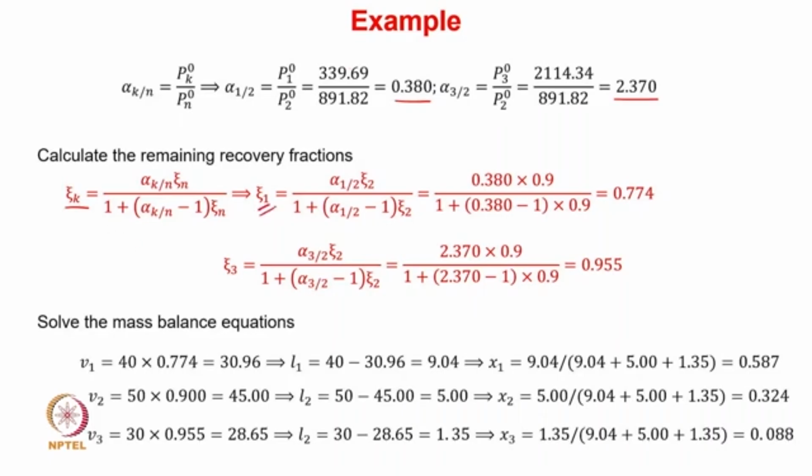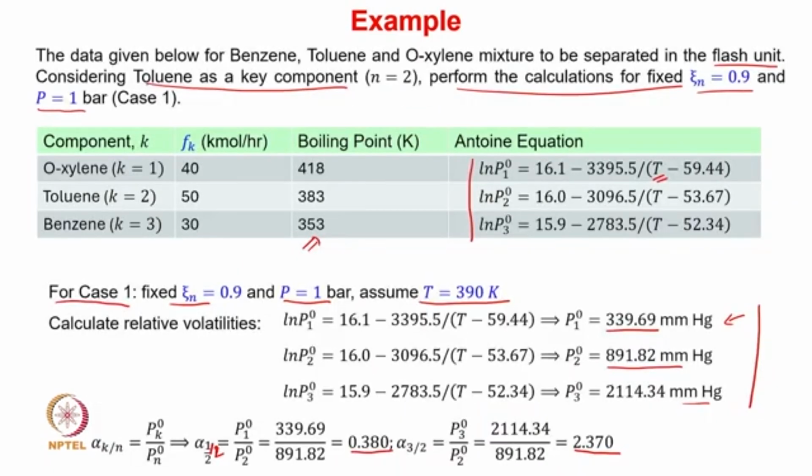So zeta 1 comes out in this case as alpha 1 2 into zeta 2 divided by 1 plus alpha 1 2 minus 1 into zeta 2. With this we can calculate zeta k, which comes out to be 0.774. So this is the split fraction of the first component, which is nothing but orthoxylene.